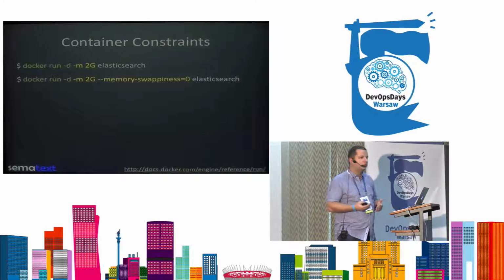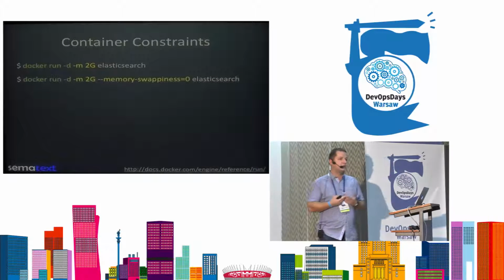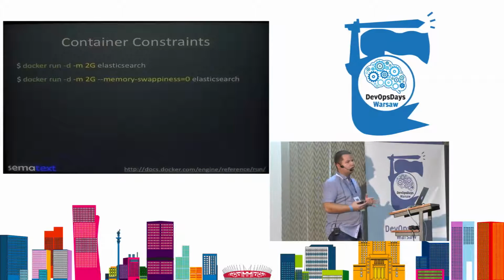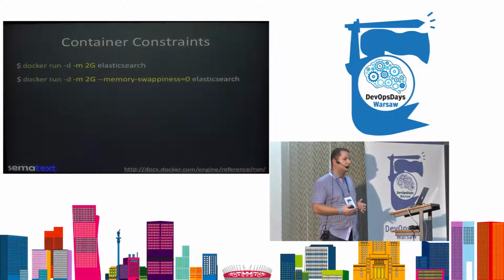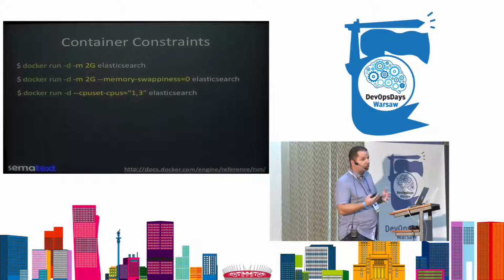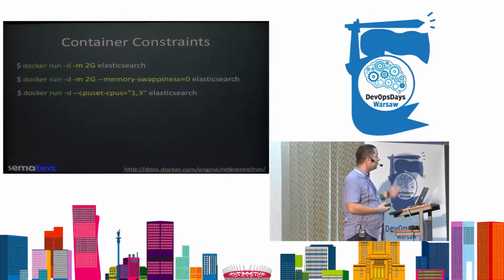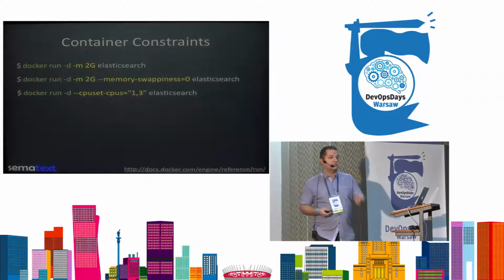We don't want the memory to be swapped. It's very useful for Elasticsearch because we don't want the part of memory used by Elasticsearch to be put into swap. That's killing the performance of Elasticsearch. In addition to that, we can specify which cores of our bare metal machine the Elasticsearch container will be able to use. Like here, it will be able to use the ones enumerated as 1 and 3.